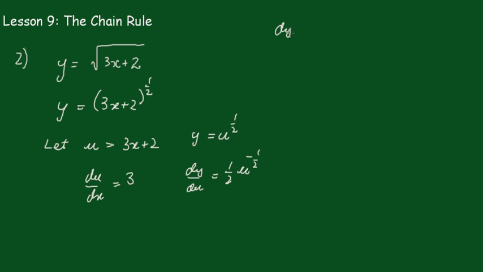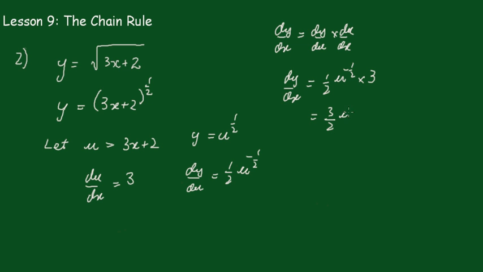And dy dx equals dy du times du dx. So dy dx is equal to dy du, which is 1/2 u to the negative a half, multiplied by 3, which is 3 on 2 u to minus a half, which equals 3 over 2 root u.